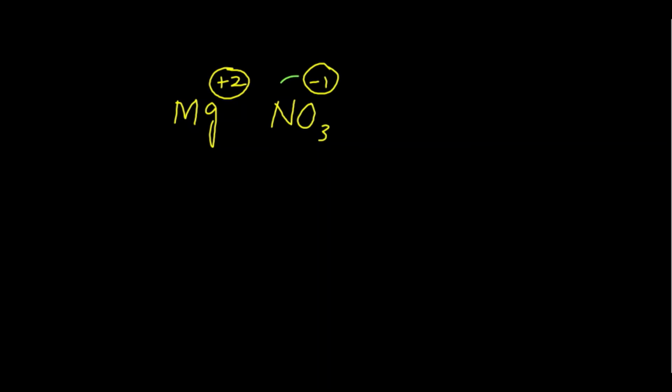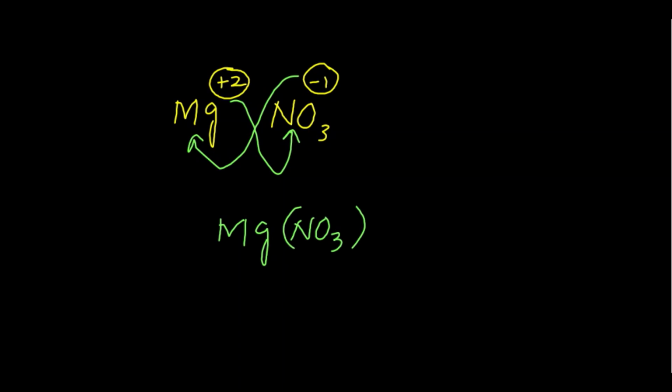While writing the chemical formula for magnesium nitrate, these valencies will be crossed by the cross exchange method. Minus 1 will be written here while plus 2 will be written here. So the formula for magnesium nitrate becomes Mg(NO3)2. I hope writing of chemical formulas is clear to you.